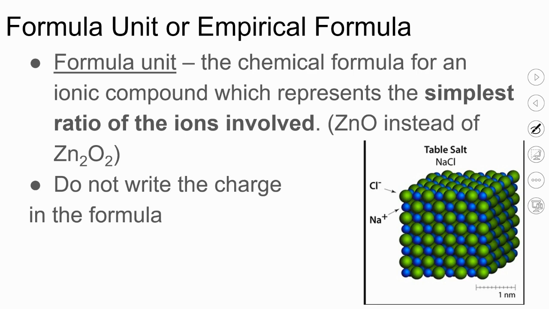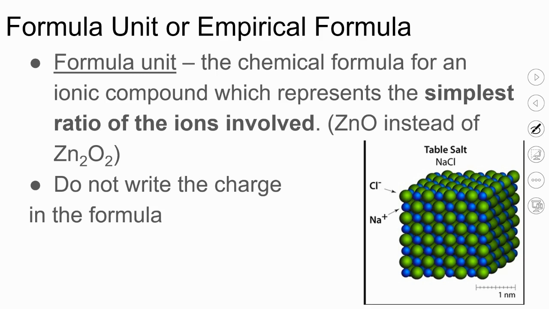All right. So we're talking about the formula unit. In an ionic compound, we don't write out each atom. If I had a grain of salt, that would have millions of sodium atoms and millions of chlorine atoms. So instead of writing millions of each, we list the smallest ratio of atoms. For sodium chloride, it's 1 to 1.